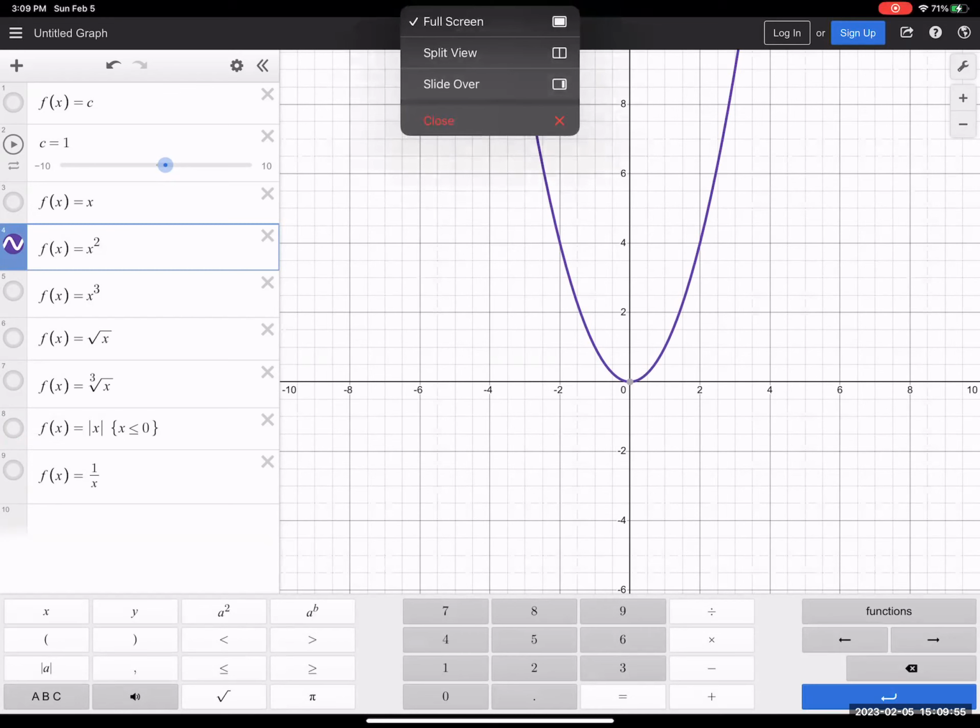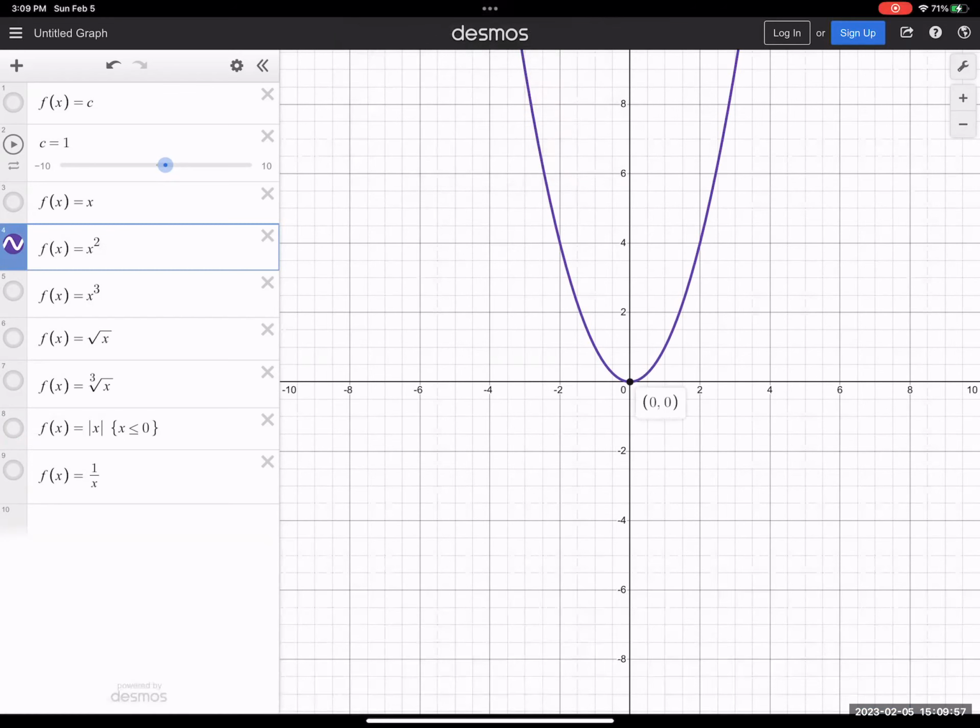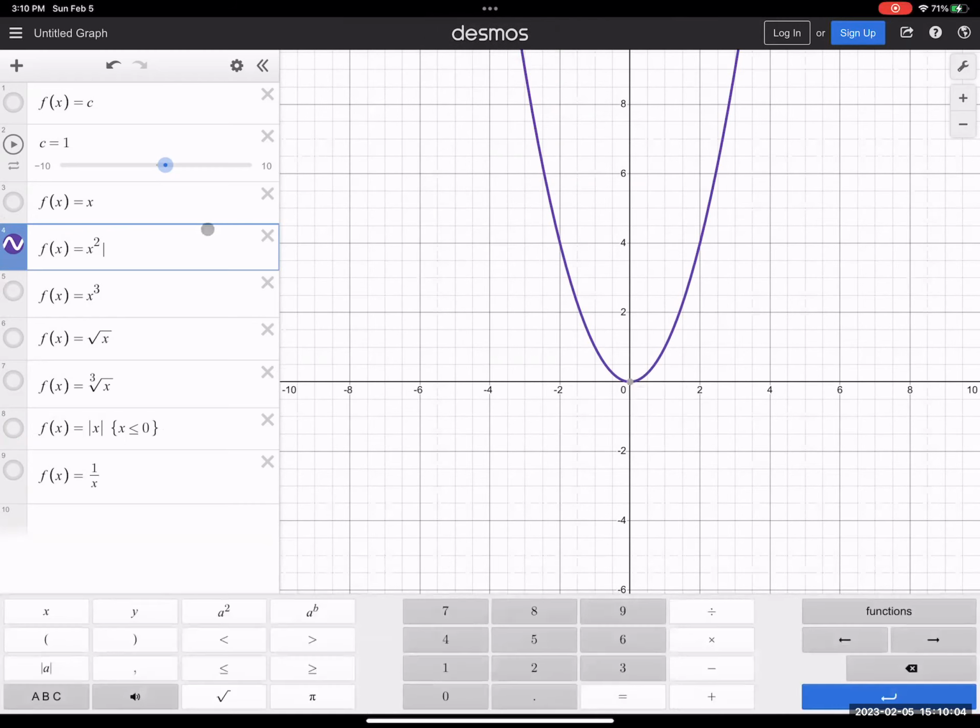Notice that it changes directions at our vertex, so let's restrict it to x greater than or equal to 0, but we could also do the same thing for less than or equal to 0.